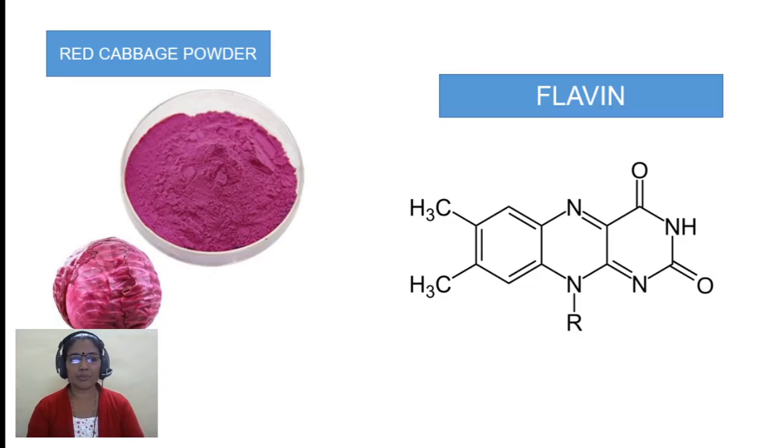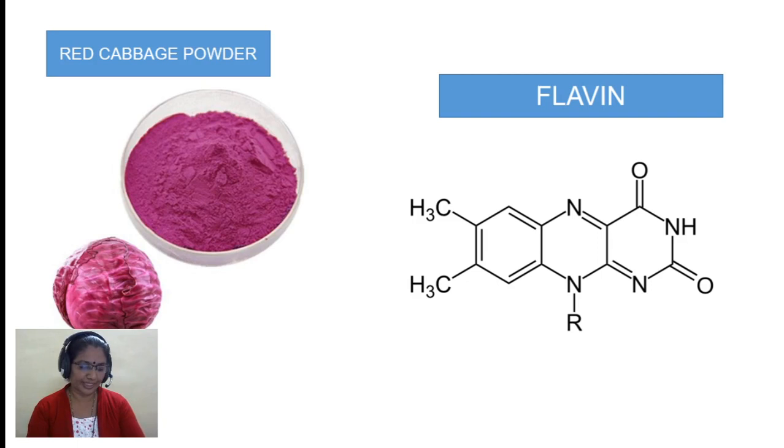Not all papers will change color by dipping into any solution. The pH will not be indicated by every paper, but pH paper specifically indicates the color because it is impregnated with a substance which is extracted from the red cabbage, and that is the flavin.